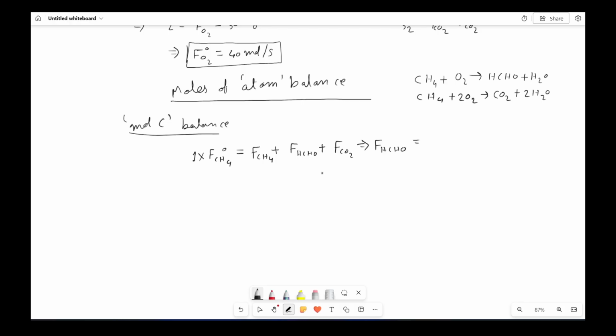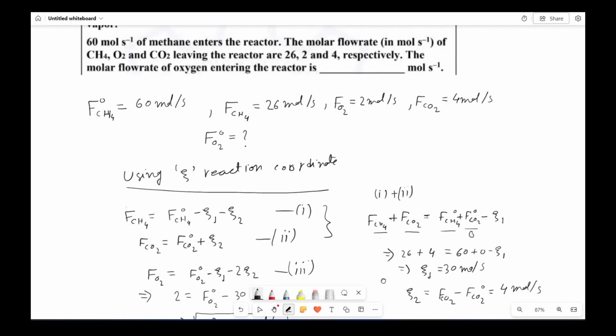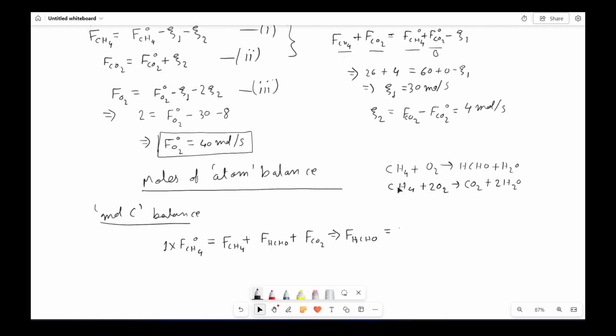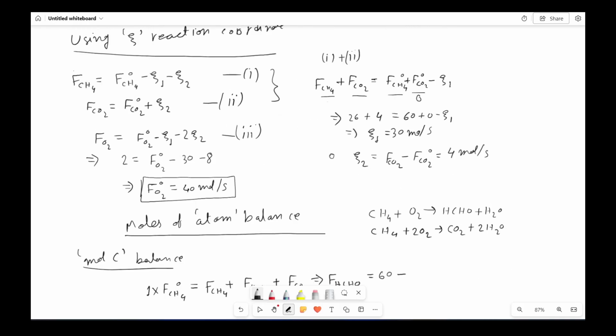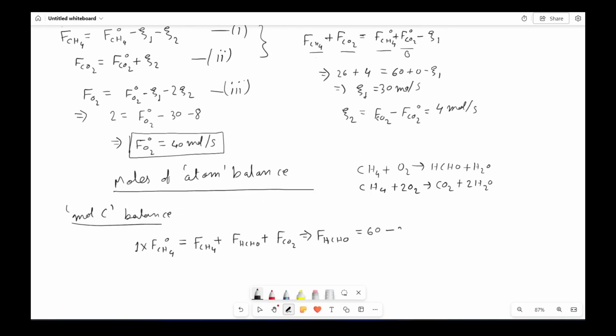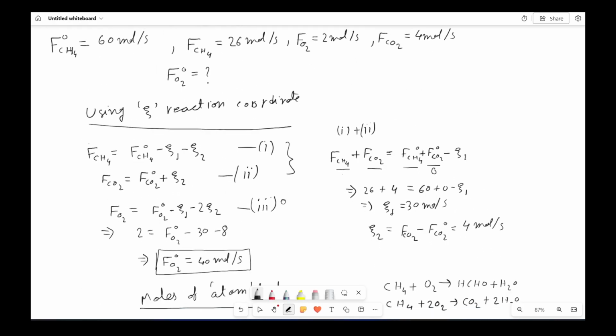HCHO coming out of the system is given by CH4 naught, which is 60 moles per second, minus CH4 coming out of the system, 26, minus CO2 coming out of the system, 4.